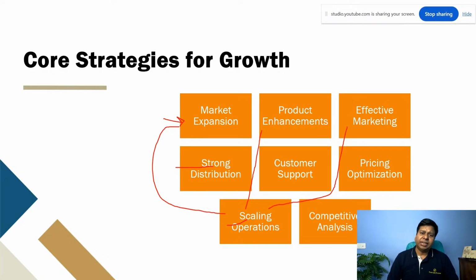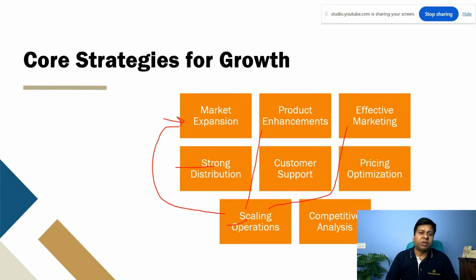Definitely it's a time to celebrate that we have reached the growth stage, but a cautiously strategic orientation will be more important here, because there will be a lot of things at stake. In the introduction phase, your production was limited. Now you have scaled up your production, you have scaled up your operation.